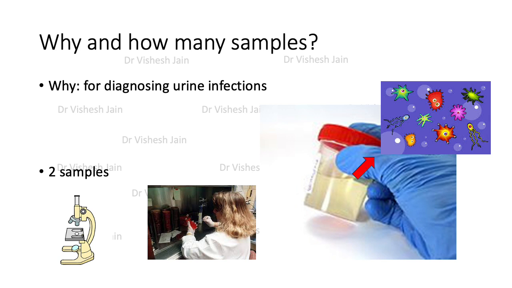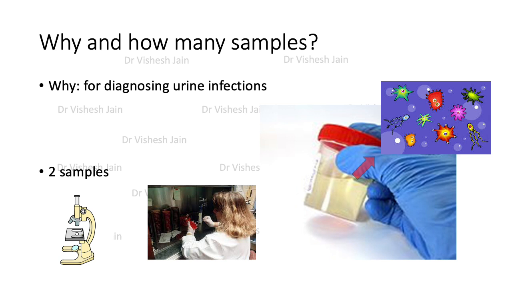So why do we collect urine samples? Usually we collect two urine samples. One is for microscopy, in which we examine the urine under great magnification to see whether there is any pus or bacteria in the urine. The second test is a culture, in which the urine is plated on certain media and we allow the growth of bacteria.